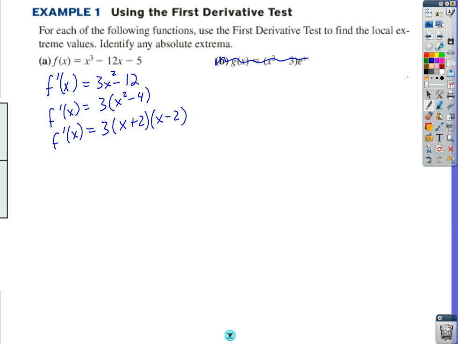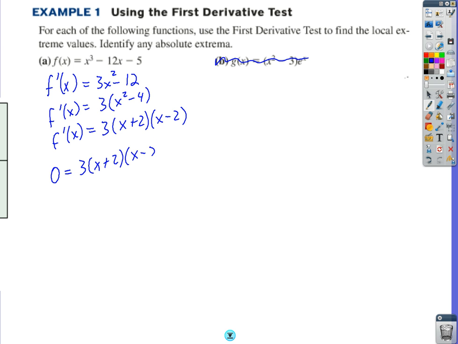Alright, so my next step is to set it equal to 0 or find where it does not exist. Hopefully at this point you can see that this derivative exists everywhere. I can put any x I want in there, it's going to be fine. So the only thing I'm concerned about is finding when f prime of x equals 0.